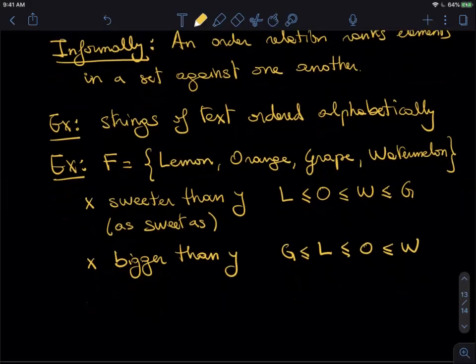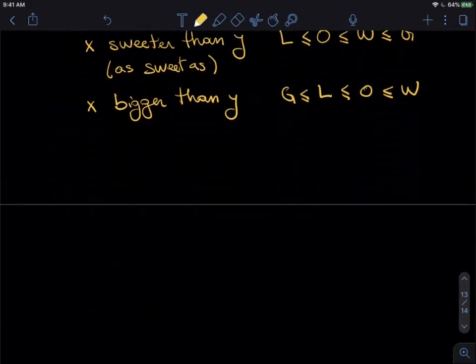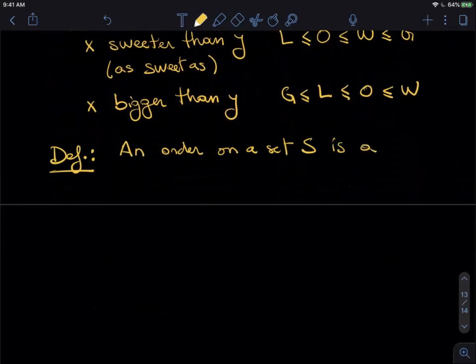So now, what is an order relation? Let's write down the mathematical definition. An order on a set S is a relation, let's denote it with the less symbol.